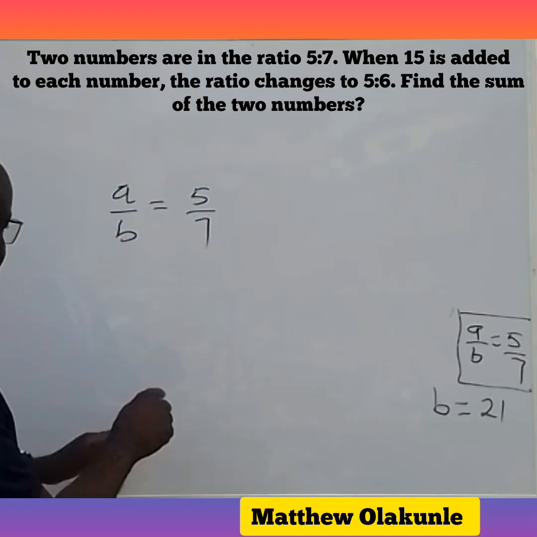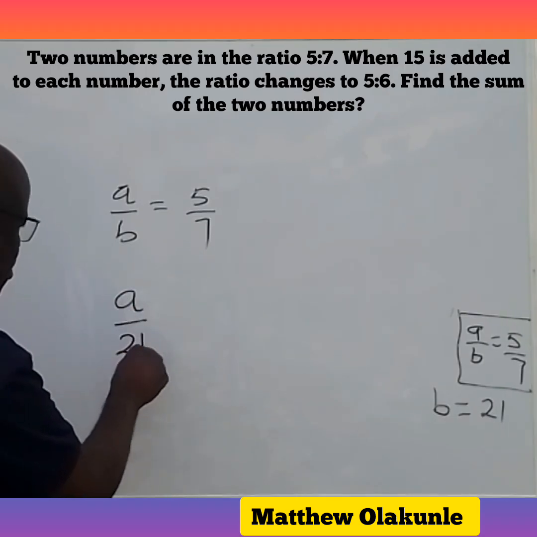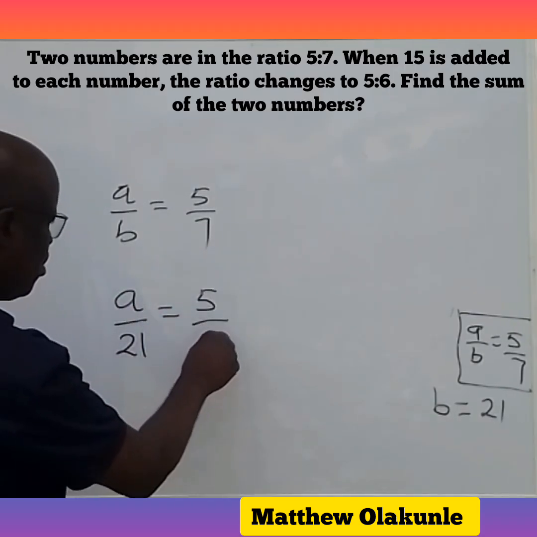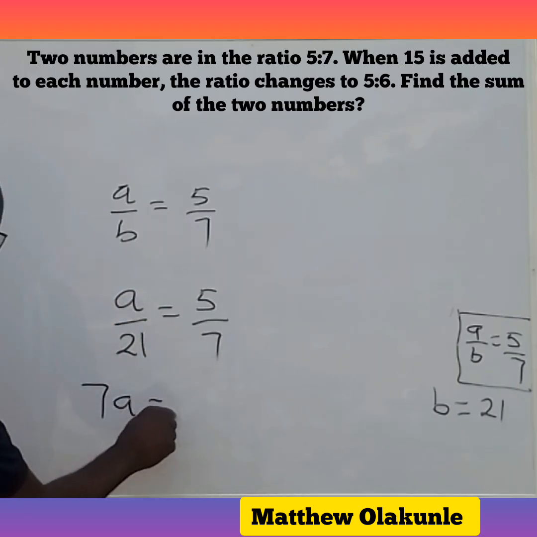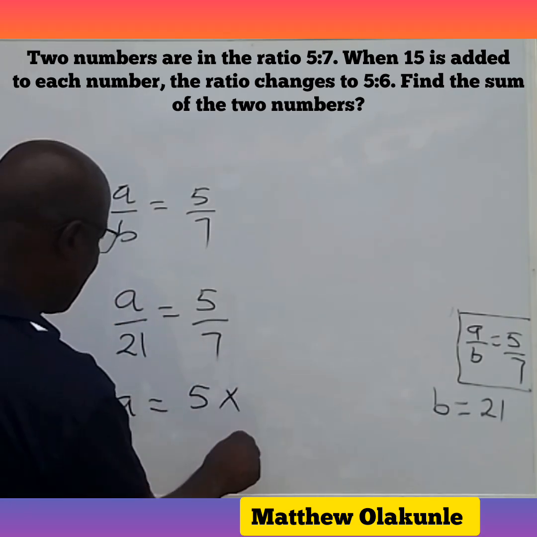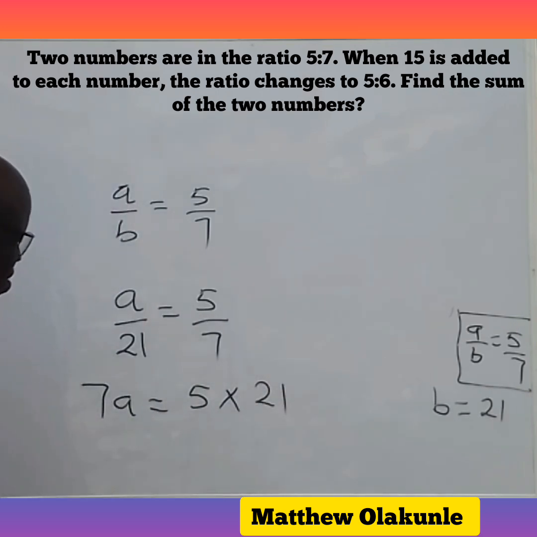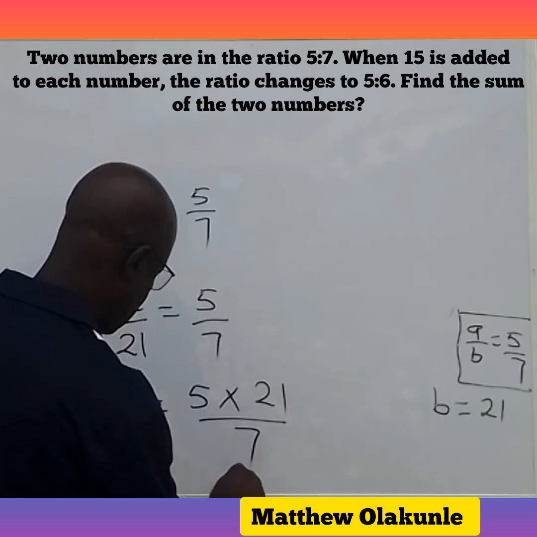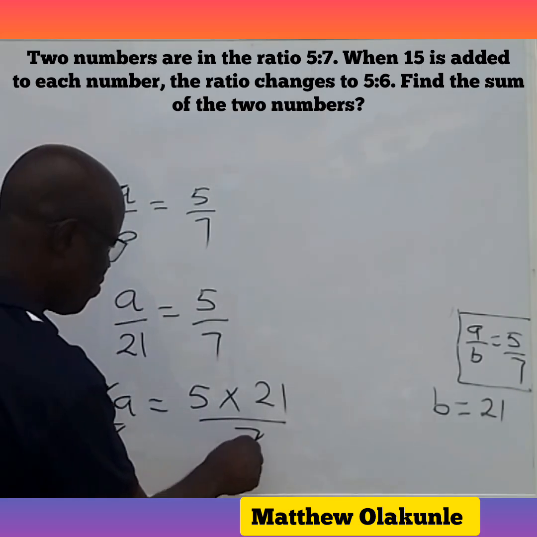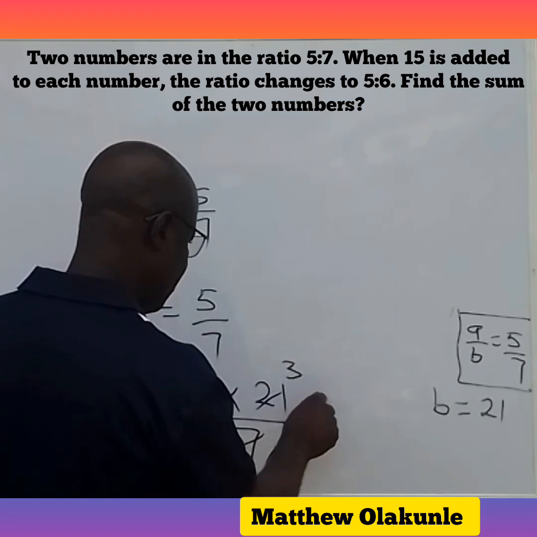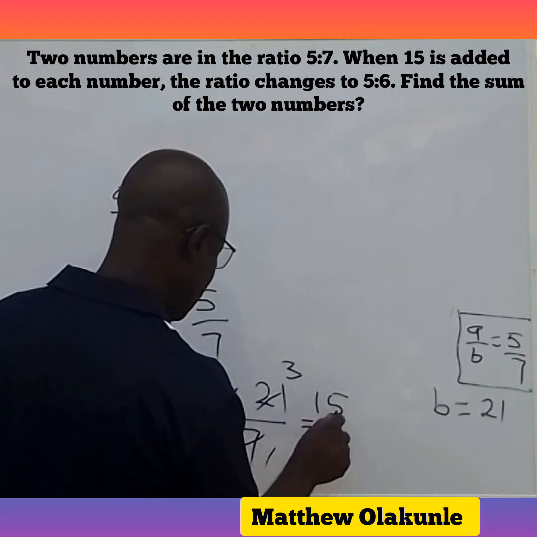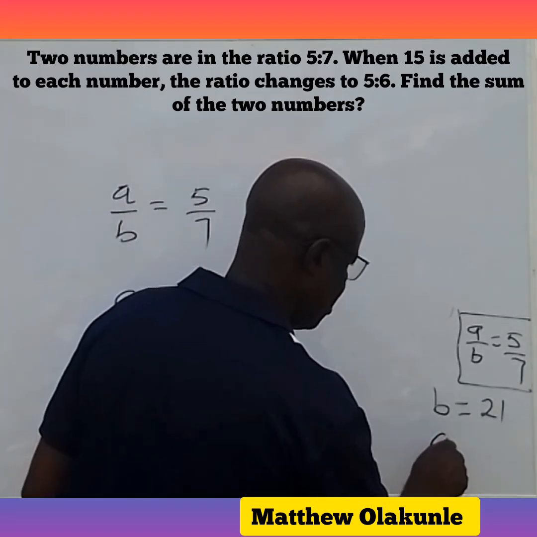So the next thing is to now find A. Let's cross multiply. 7 times A is 7A equals 5 times 21. So to get my A, I divide by 7. 7 goes here 1, 7 goes here 3. 5 times 3 is 15. So my A is 15.